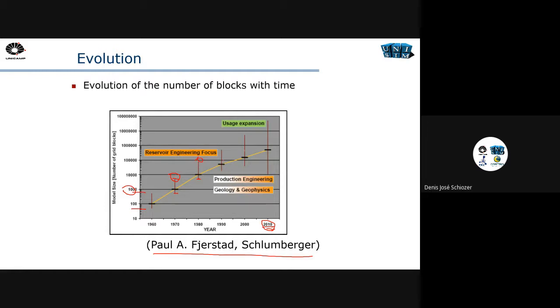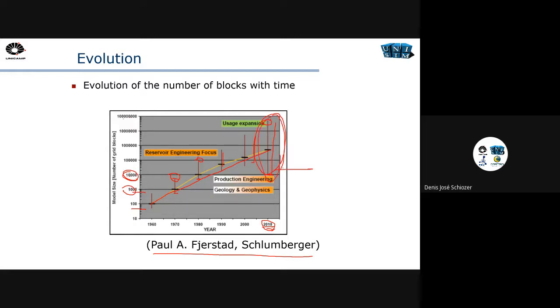Then in the 90s, and a decade ago, it was something between 10,000 and almost 100 million blocks. Of course, I will not use 100 million blocks to represent a simple reservoir, right? These are very complex, huge reservoirs. But this is the average, and this is the variation we have over time. So today we have a much bigger variation here.